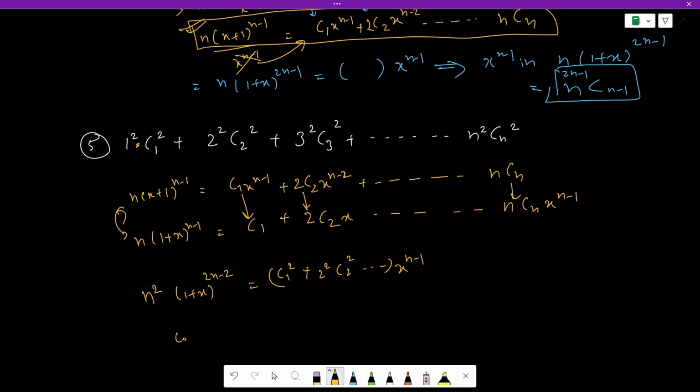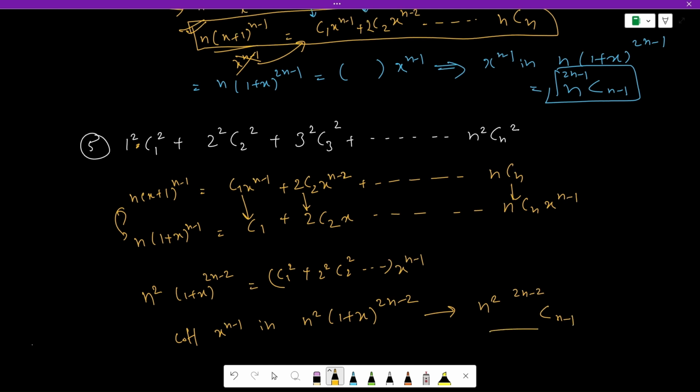Now we need the coefficient of x raised to the power n minus 1 in n square (1 plus x) raised to the power 2n minus 2, and that will be n square into 2n minus 2 c n minus 1.